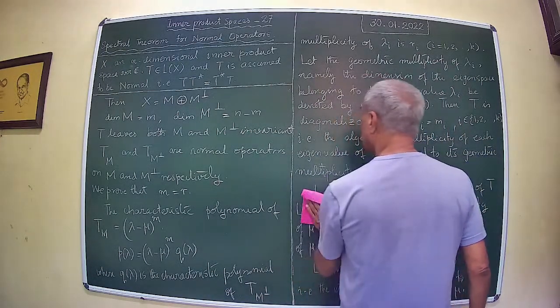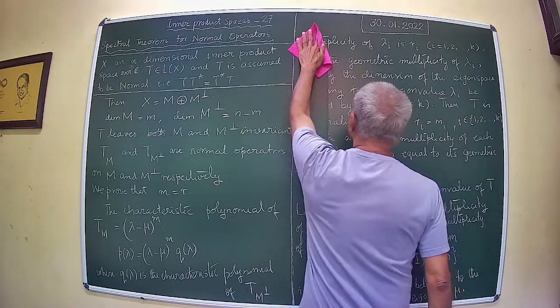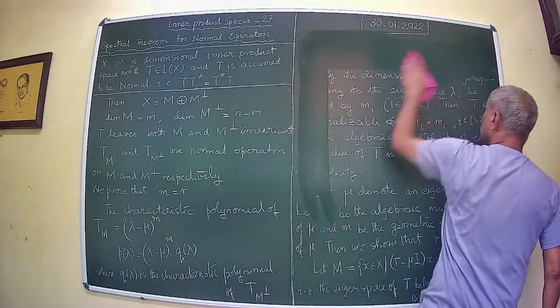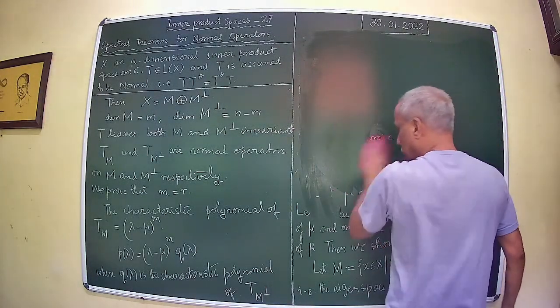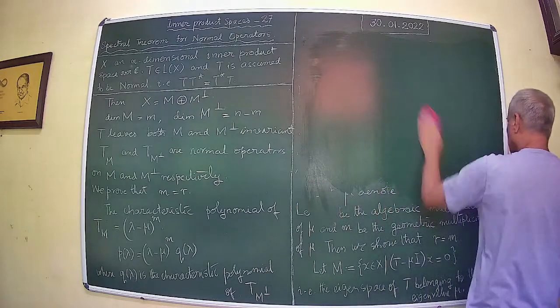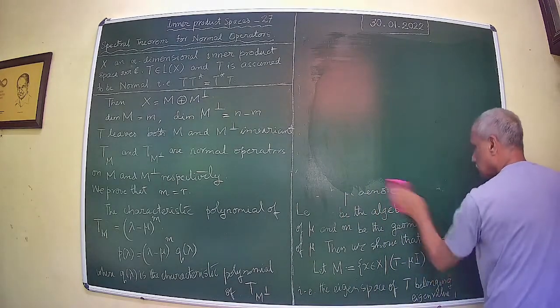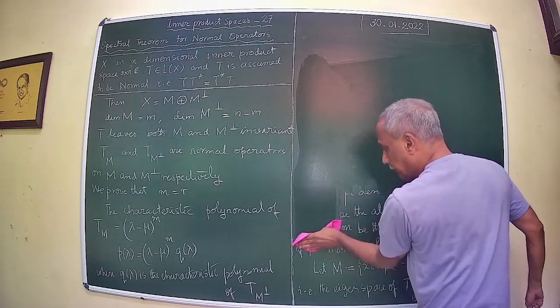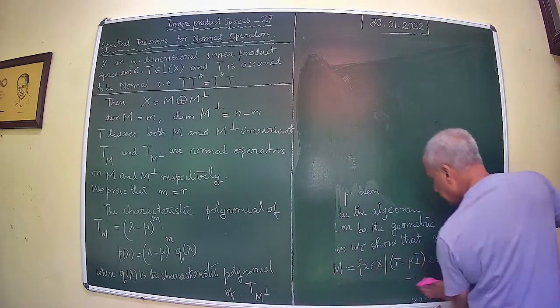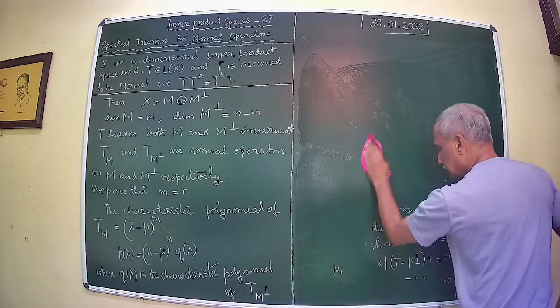That's fair. This is quite easy to show. This follows from the invariance of M perp under T.